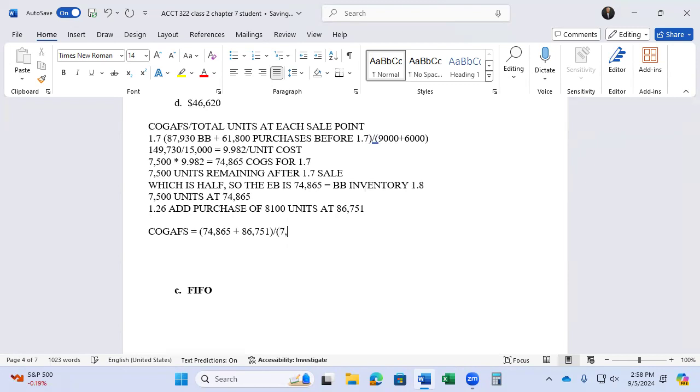So we had 7,500 plus 8,100. And so we get 161,616 divided by 15,600. And so now our cost per unit is $10.36.